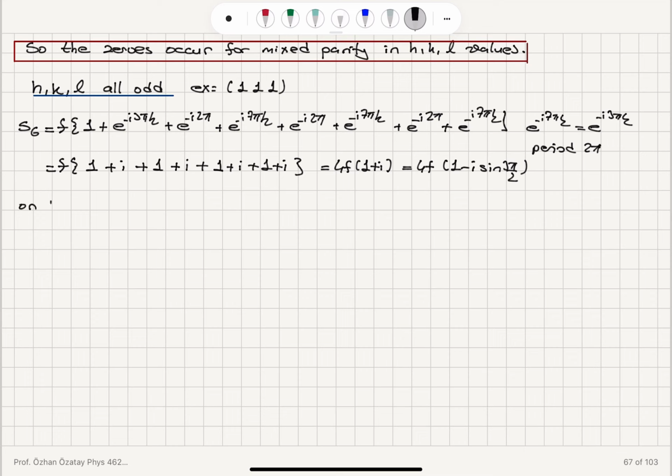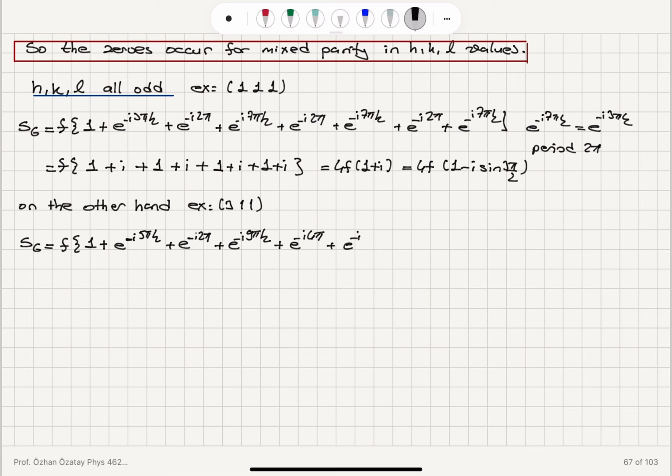On the other hand, if I try another example, 3, 1, 1, the geometrical structure factor is f times 1 plus e to the minus i 5 pi over 2 plus e to the minus i 2 pi plus e to the minus i 9 pi over 2 plus e to the minus i 4 pi plus e to the minus i 13 pi over 2 plus e to the minus i 4 pi plus e to the minus i 13 pi over 2.